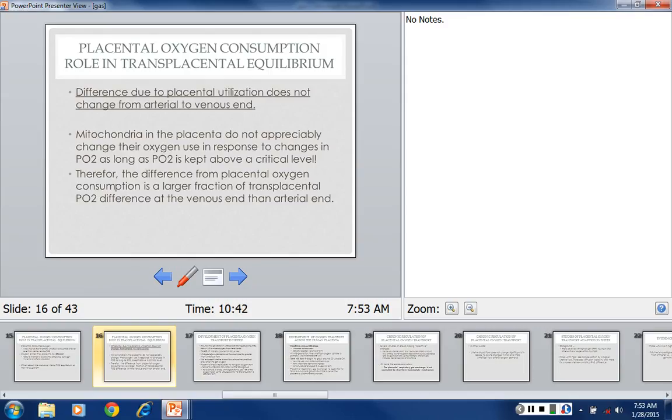So you can have enough oxygen going, but the amount taken by the placenta really won't change, unless it's a critical deprivation. Therefore, the difference from placental oxygen consumption is a larger fraction of transplacental PO2 difference at the venous end than the arterial end, just because you have less crossing at the venous end.